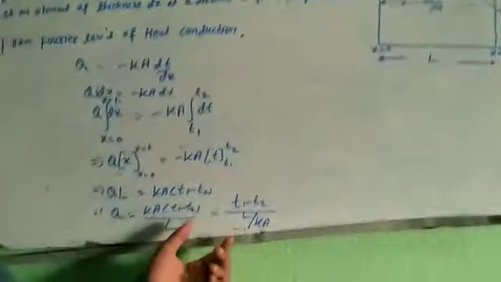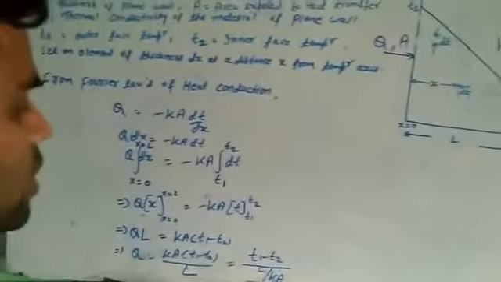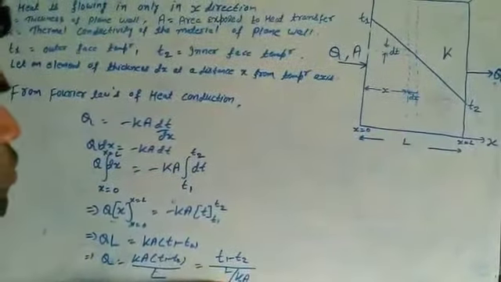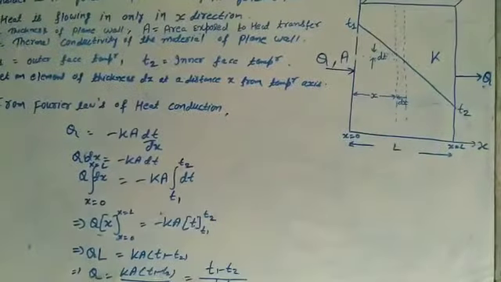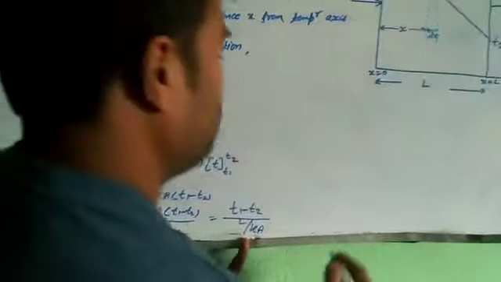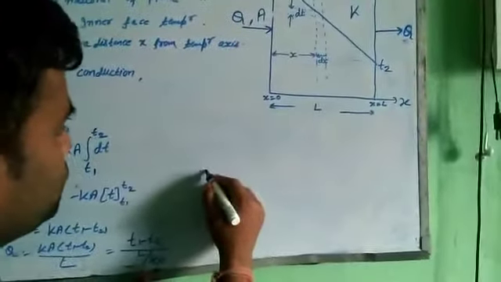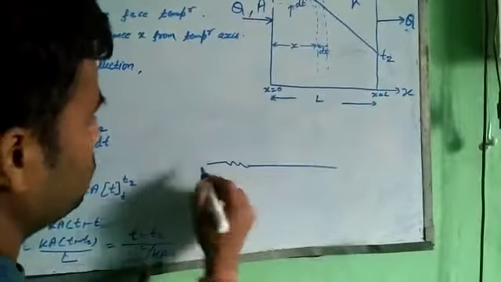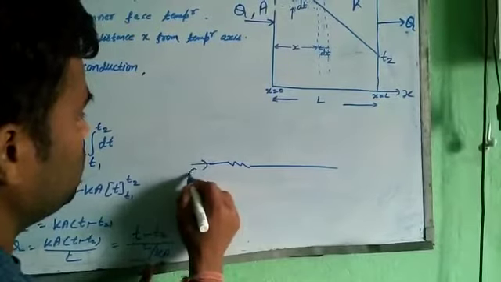So if you compare this with the Ohm's law equation, then you will get L by KA as the thermal resistance due to conduction. So this is the heat transfer through these sections.